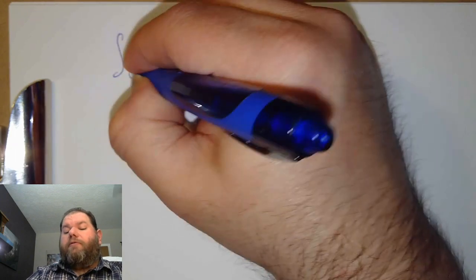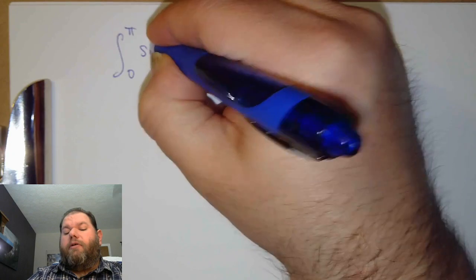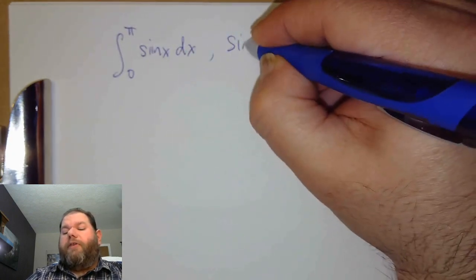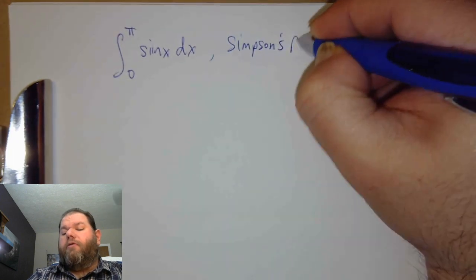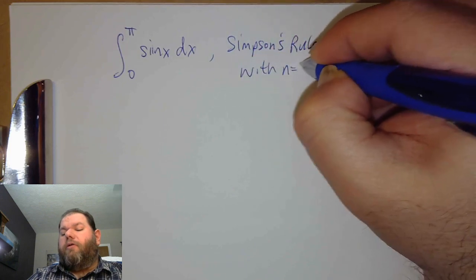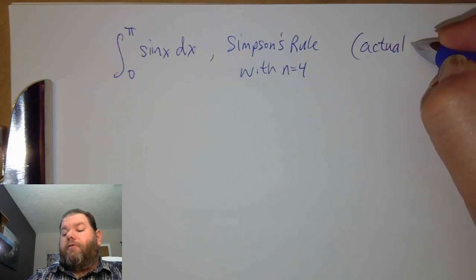So this will be the integral from 0 to pi of sine x dx, Simpson's rule with n equals 4. And again, we know the actual value is 2 in this scenario.